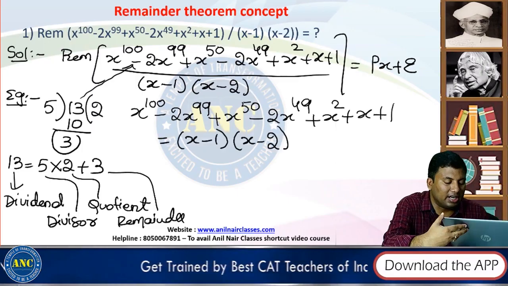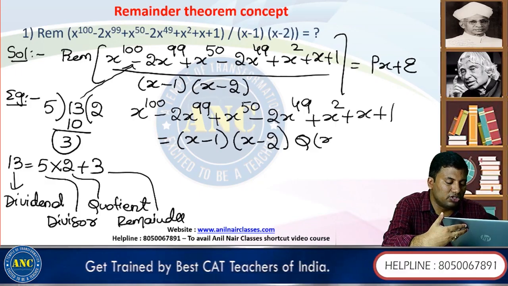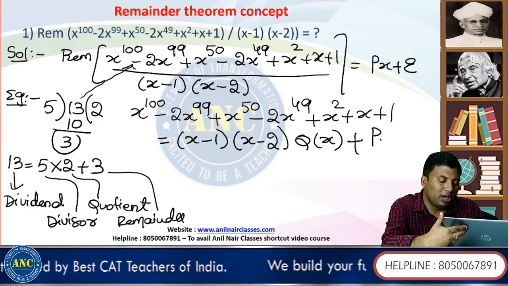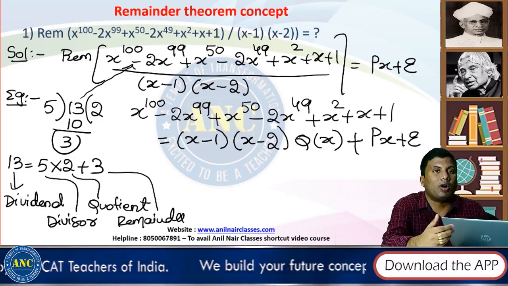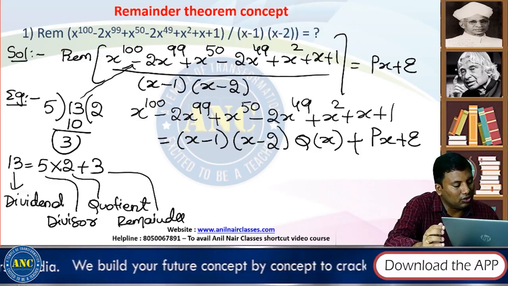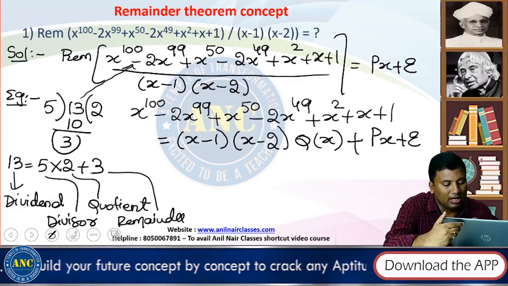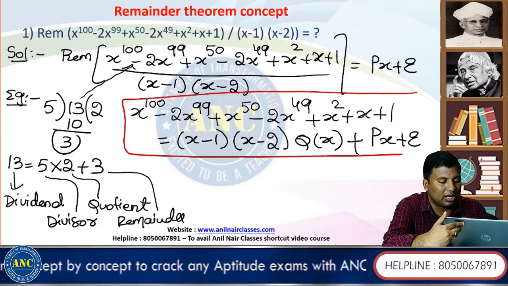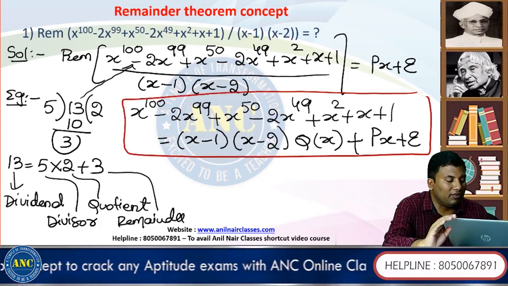How much it is getting divided we don't know, which is q of x. But we know definitely that when a polynomial function is divided by a quadratic, the remainder will be degree 1, which is px plus q. You should know how to write this expression. Only when you can write it like this will the answer be very clear.